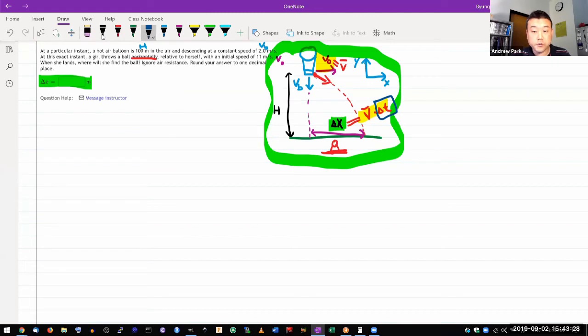So you have to find the duration of time that the ball is in the air from the y component of motion. And once you get that far, that's when you start writing down equations. So in order to find the duration of the motion of the ball, you look at the y motion.